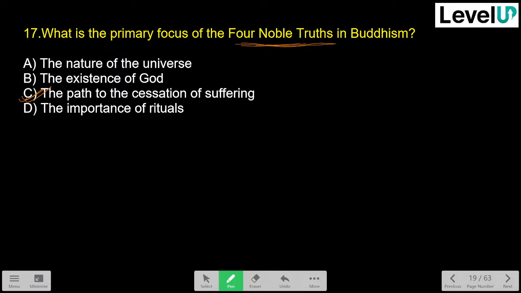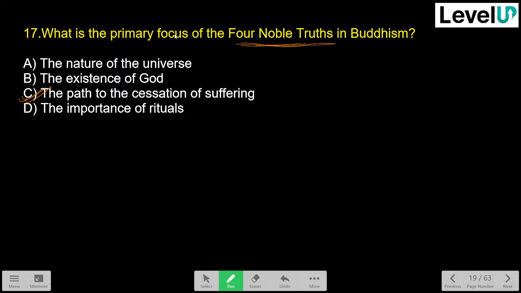Sorrow can be conquered by conquering desire. Once you conquer your desire, that you don't want that luxury or don't want to buy that thing, sorrow is conquered. And desire can be conquered by following the eightfold path. The fourth noble truth was that.